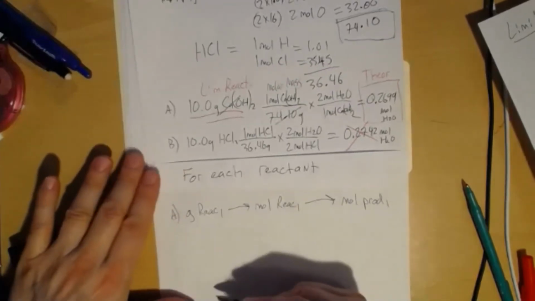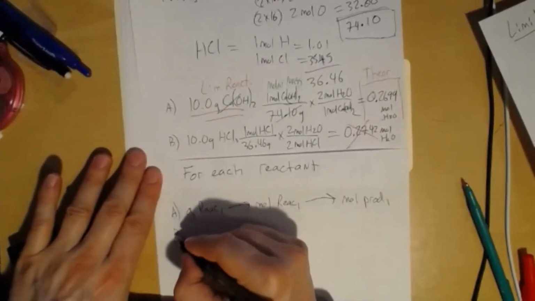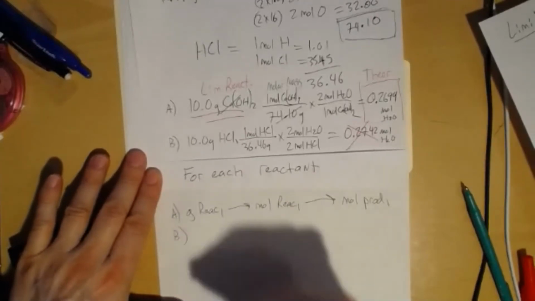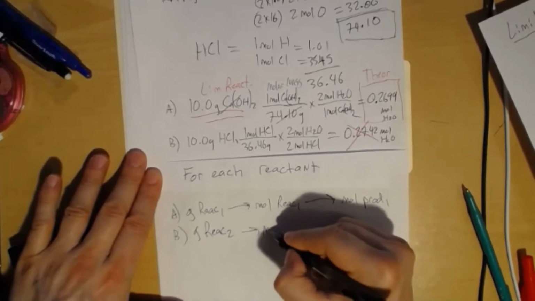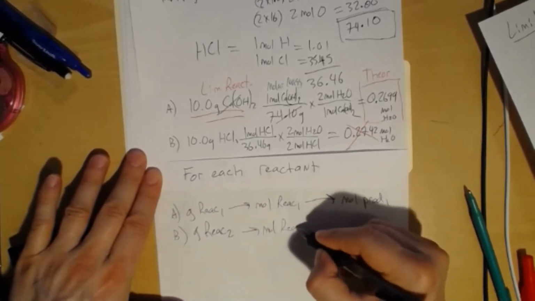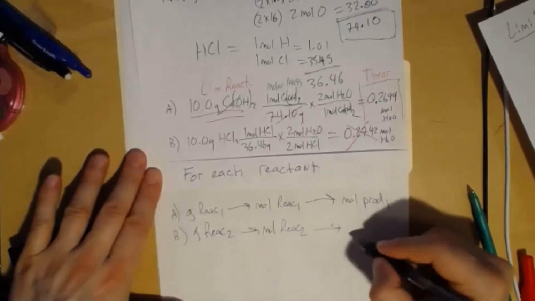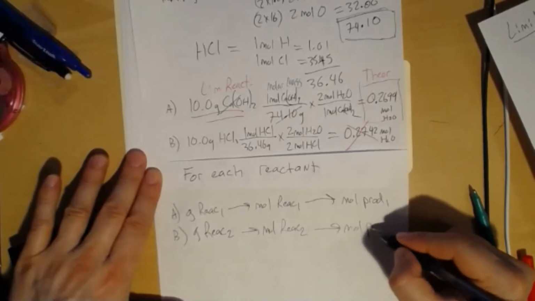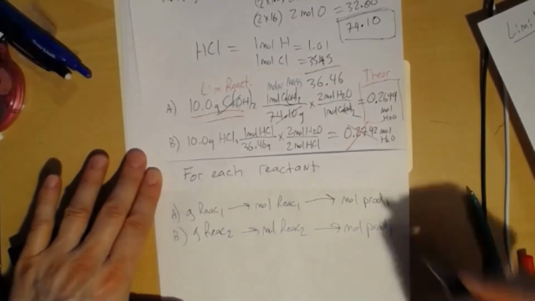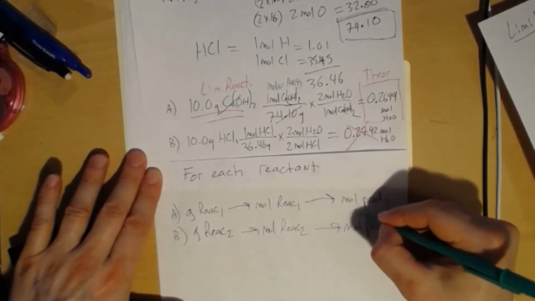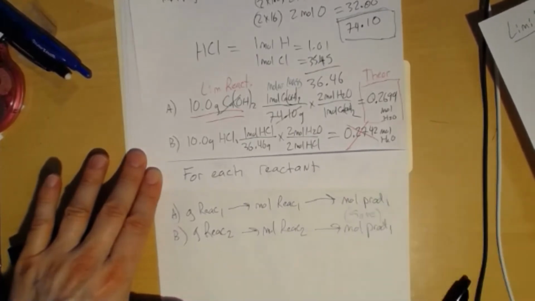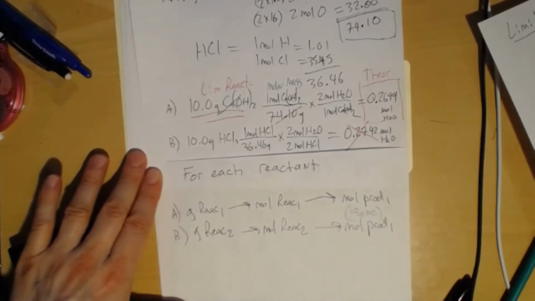And then we also did that for the second one, right? We went from grams of reactant 2 to moles of reactant 2 to moles of the same product, product 1. These have to be the same, yeah? If they're not the same product, then I can't compare.